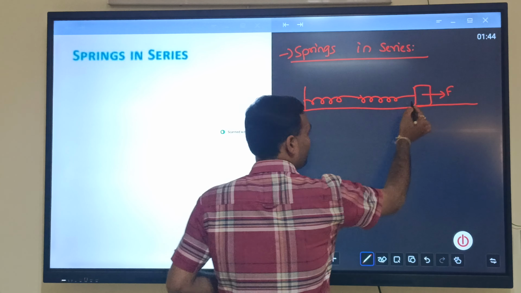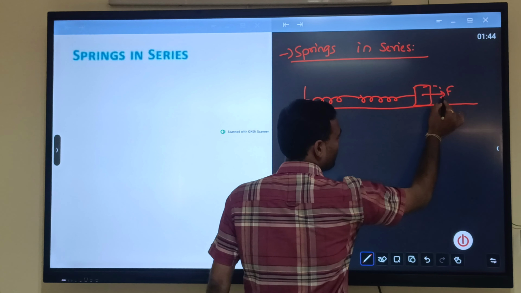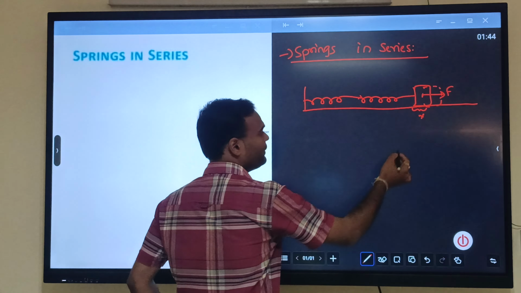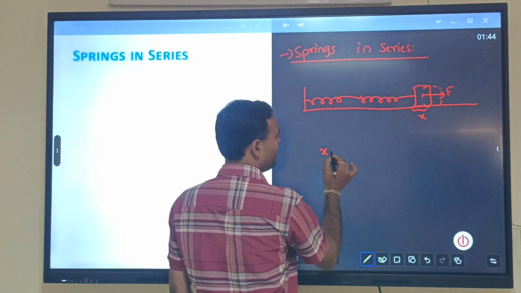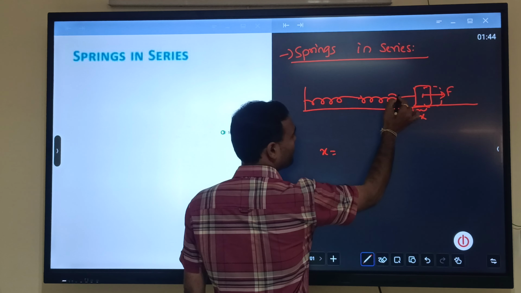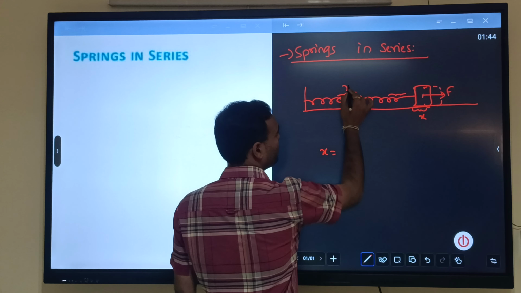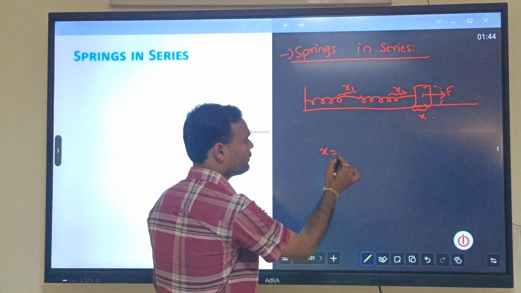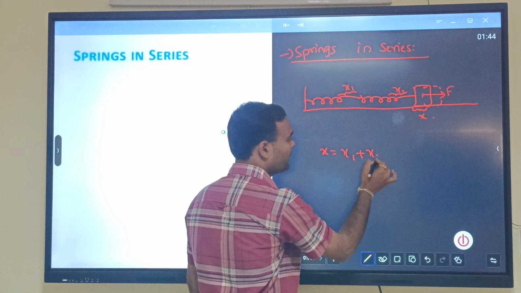That means if it is elongated in the rightward direction somewhat, that x value equals the elongation in the second spring plus the elongation in the first spring. Then only total elongation will take place. X equals x1 plus x2.